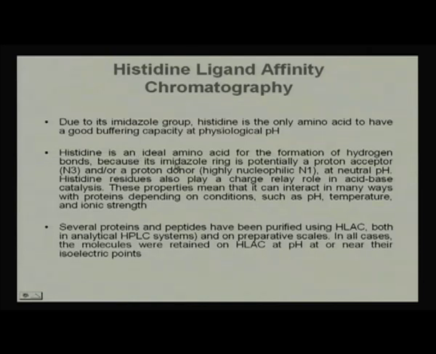Histidine has many characteristics due to its imidazolium group. Histidine is the only amino acid to have a good buffering capacity at physiological pH.